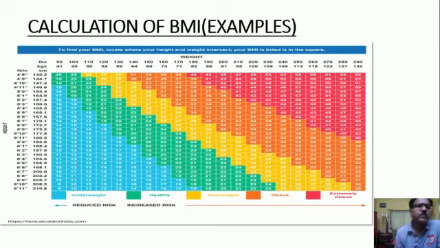So suppose someone's weight is 90 pounds and height is 4 feet 8 inches. In that case, your BMI is 20. Or if the height is 142.2 centimeters and weight is 41 kg, the BMI will also give you 20. So both the systems are allowed, the FPS system and also your kilogram and meter, the MKS system, is applicable.